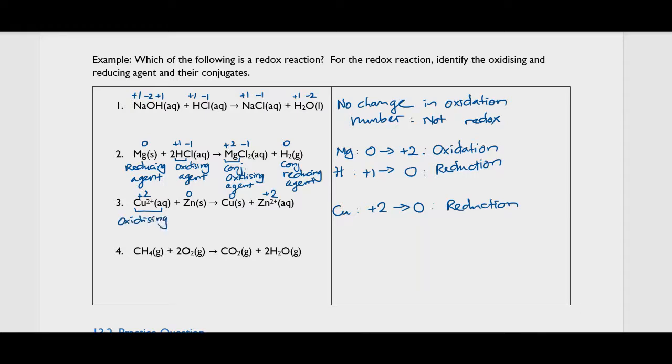You definitely do not need to use oxidation number to work this out, but we're trying to practice this skill. So if copper 2+ is the oxidizing agent, then copper is the conjugate reducing agent of copper 2+, and zinc is the reducing agent, so zinc 2+ is the conjugate oxidizing agent of zinc.